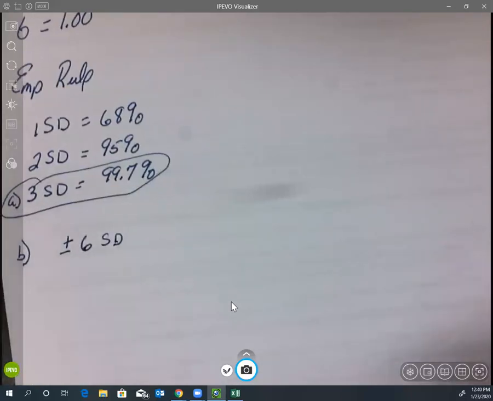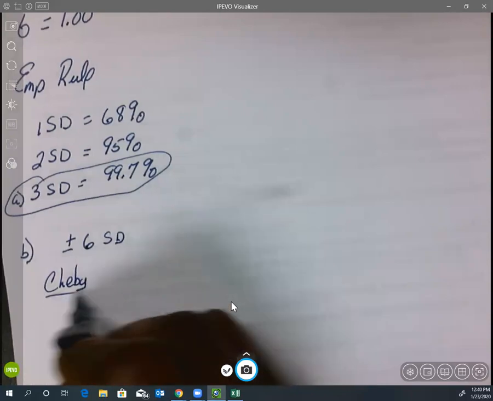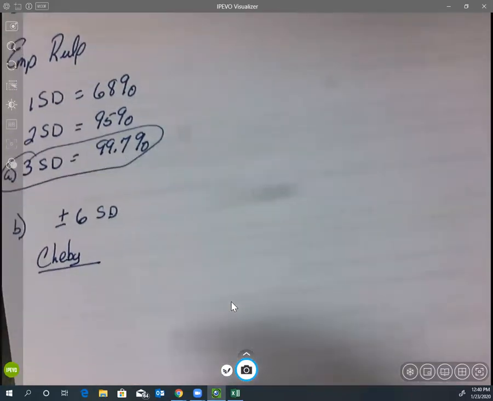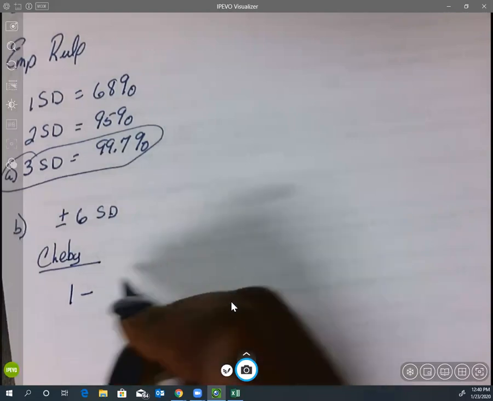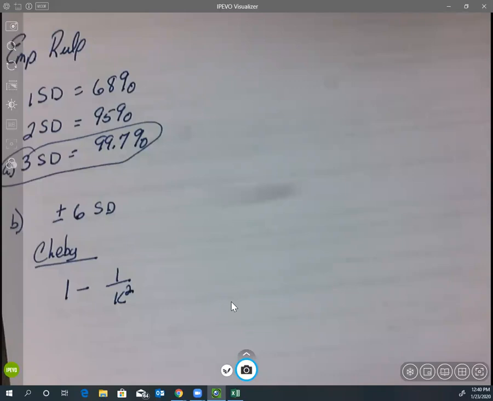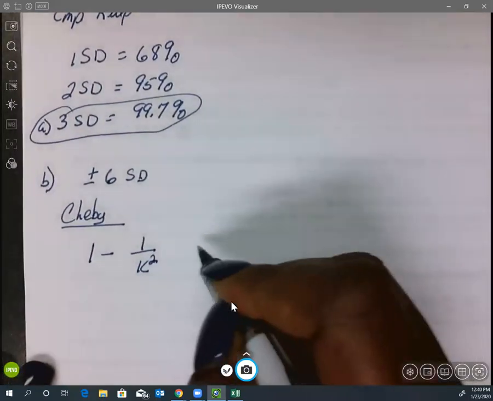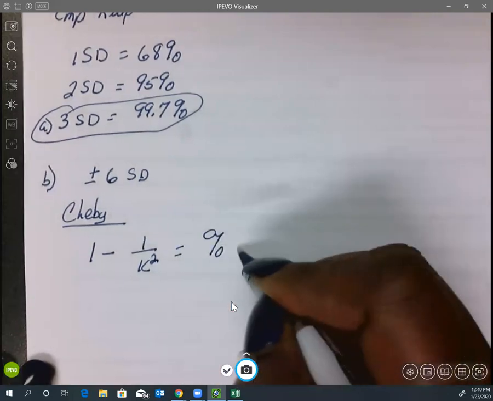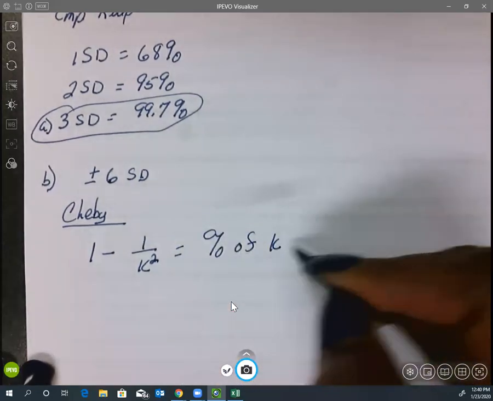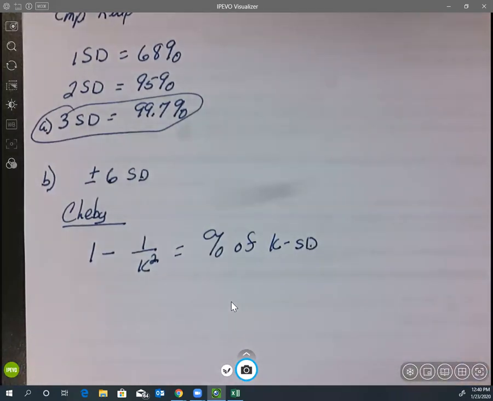All right, for Chebyshev's, we had a formula that said 1 minus 1 over k squared would give us the percent within k standard deviations. Okay, so they're asking us for 6. So in our case, my k is 6.